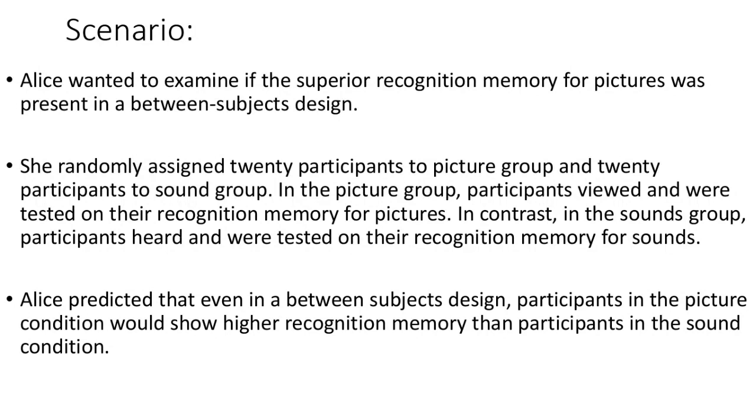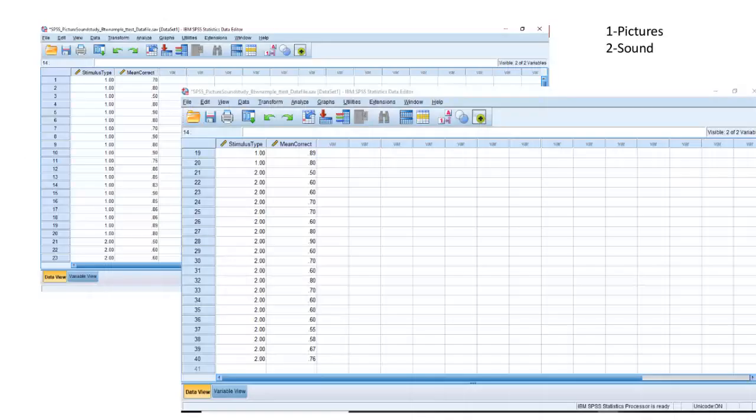So you have a between subject design, and how would you set it up? This is the difference between how you set it up as a within versus a between. Unfortunately, I don't have the variable view, but in the variable view, you would have 1 and 2 as coding for the stimulus type. So 1 means pictures, and 2 means sounds.